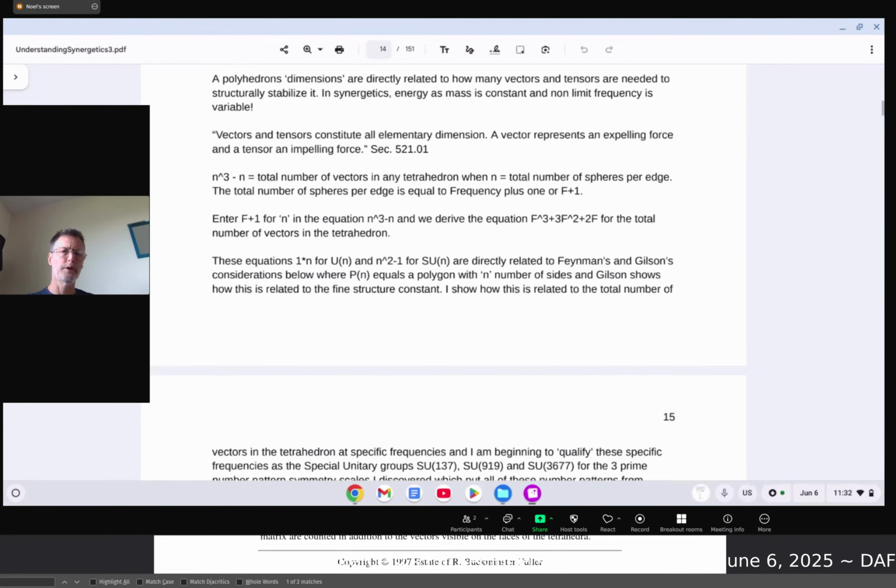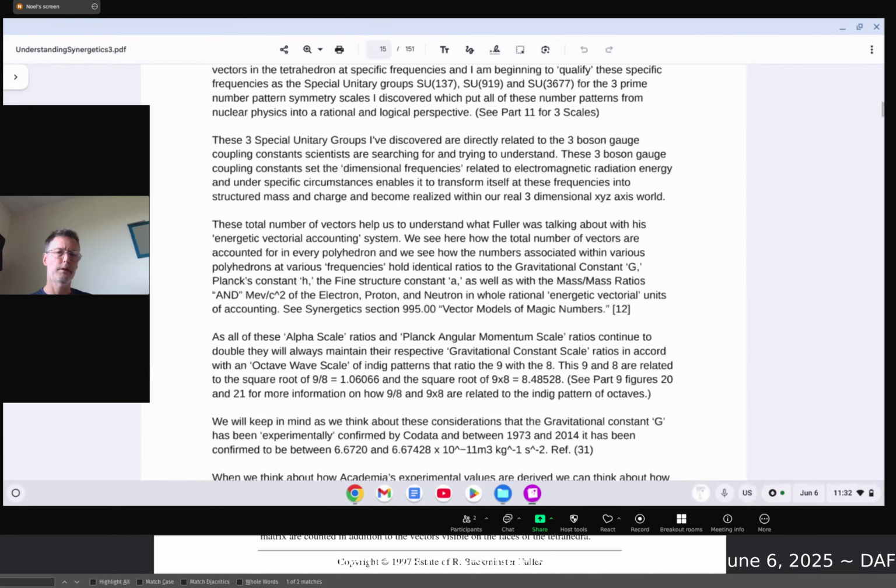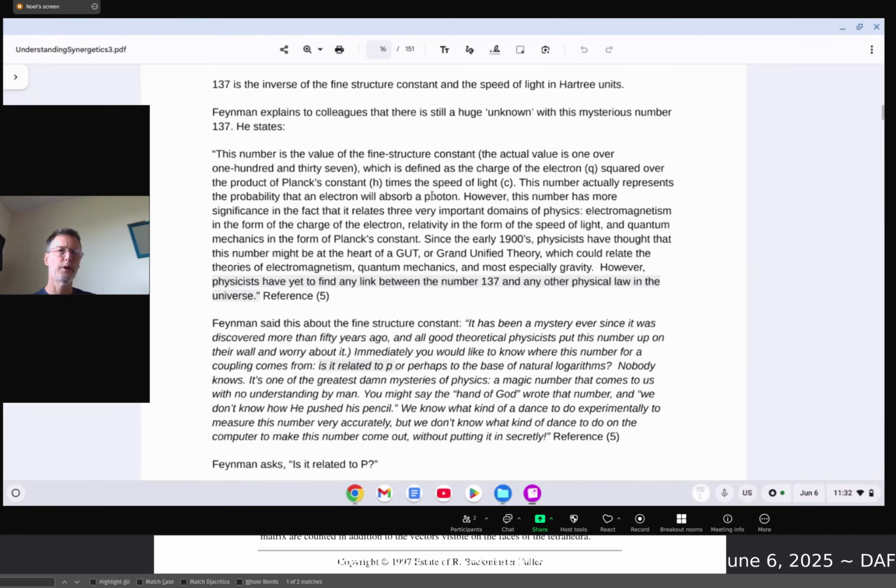I'm going to start with something that Feynman's talking about. Feynman explains to colleagues that there's a huge unknown with this mysterious number 137. The number is the value of the fine structure constant, actually its inverse, which is defined as the charge of the electron squared over Planck's constant times the speed of light.